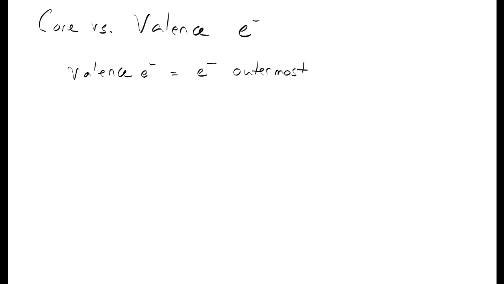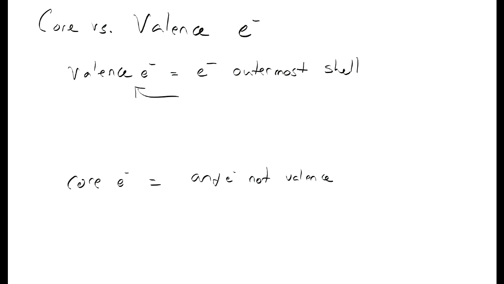So the highest energy level electrons, the ones on the outside of the atom, those are your valence electrons. Your core electrons equal not valence. So if you have any electrons that aren't valence electrons, they're core electrons.